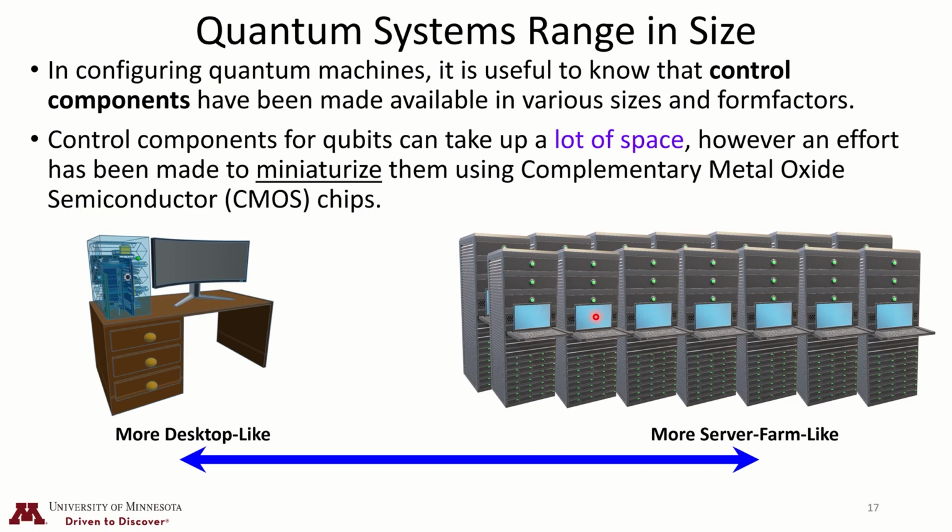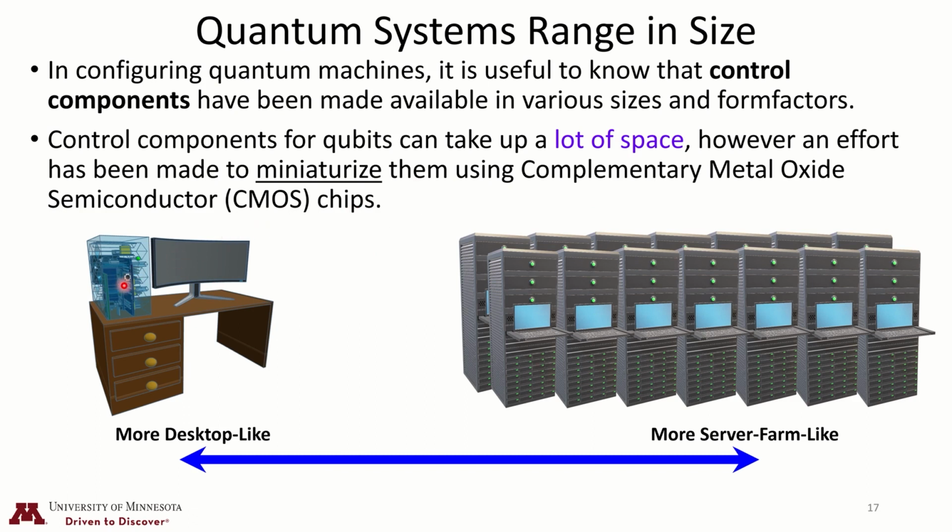So for that reason, quantum computers have also been called supercomputer simulators. They're able to simulate supercomputers with much smaller sizes. You can also try to miniaturize the quantum computers by placing them in a desktop machine like this, and all the control components can be miniaturized using semiconductor chips.